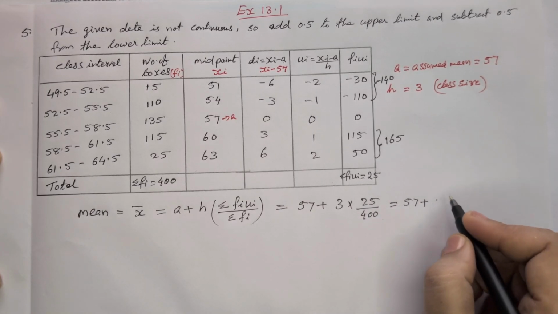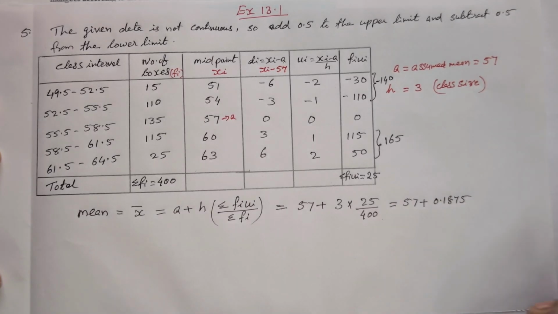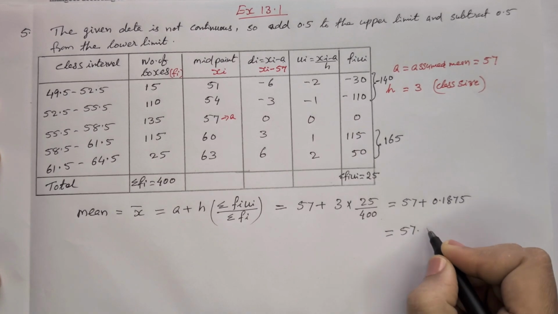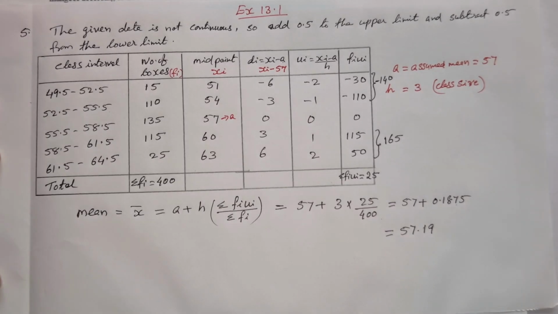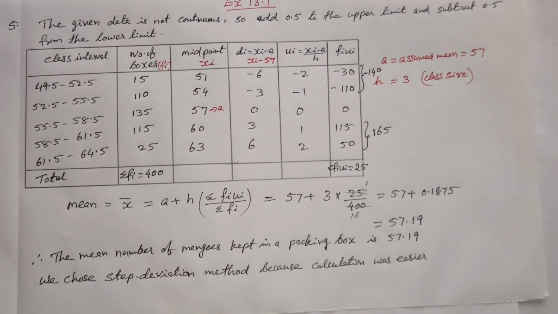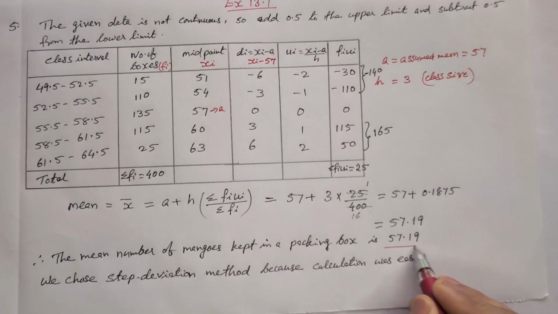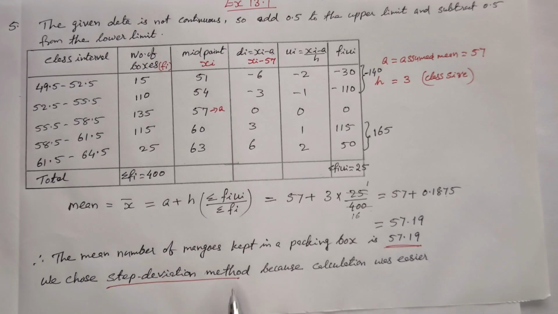When we are simplifying, 0.1875, which is equal to 57.19. Therefore, the mean number of mangoes kept in a packing box is 57.19. And which method you choose, that was not there in the question. So we chose step deviation method because calculation was easier here.